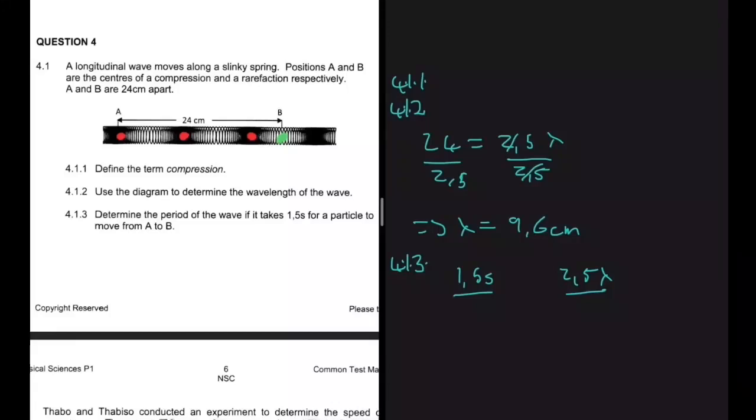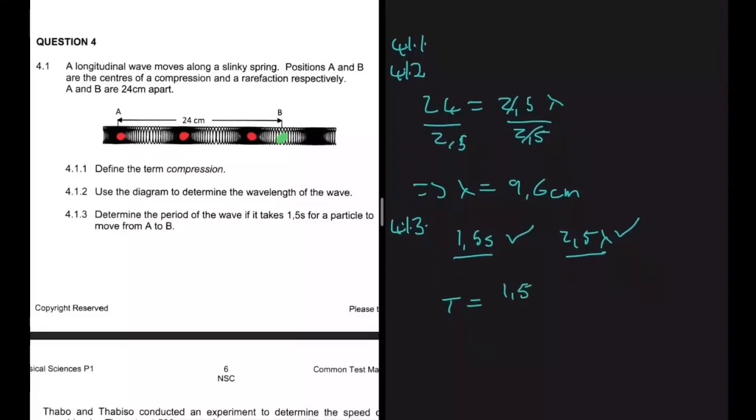And then in this question, we're being told that to complete 2.5 wavelengths, we take 1.5 seconds. So in order to find the period here, we're going to say 1.5, the time it takes to complete 2.5 waves, divided by 2.5, right? And then if we do that, we're going to be able to find the time it takes to complete one wavelength.